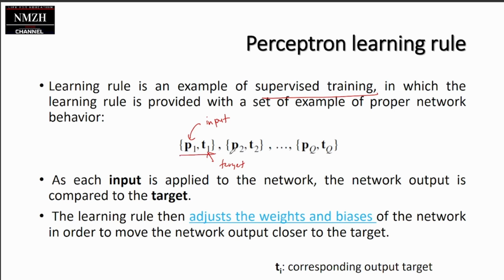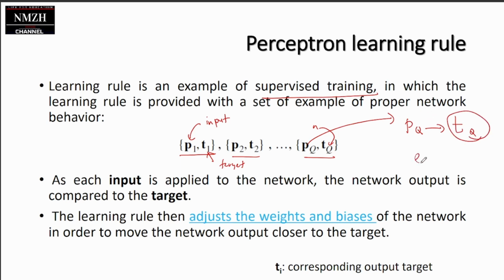So data 1, data 2, data 3, up to data n, in pairs of P and T. As each input is applied to the network, the network output is compared to the target. So when you give P_Q, the network is supposed to find the class T_Q, but not really, because that is what we call the error afterwards.